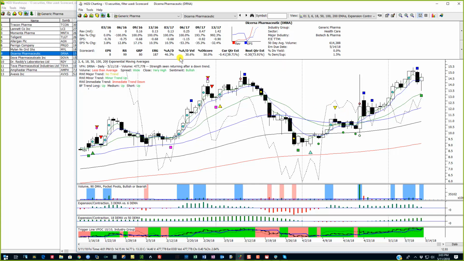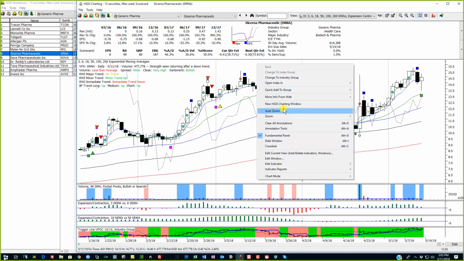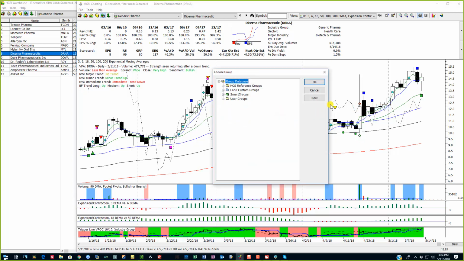And the reason I'm saying that is because the number of stocks that advanced in this group, every one of them were advancing, I believe, and then this one had a test. So I'm going to do a quick add to group, and I'm going to choose, this is the 11th, so I'm going to go to my user group.